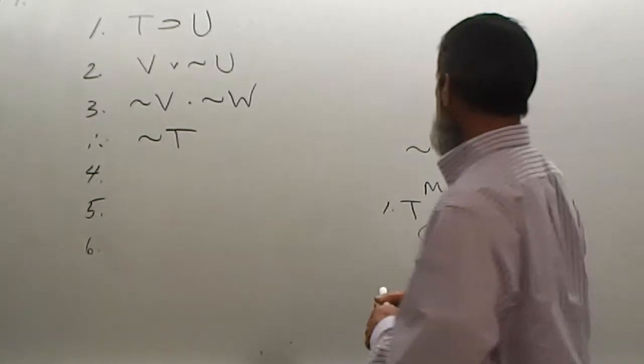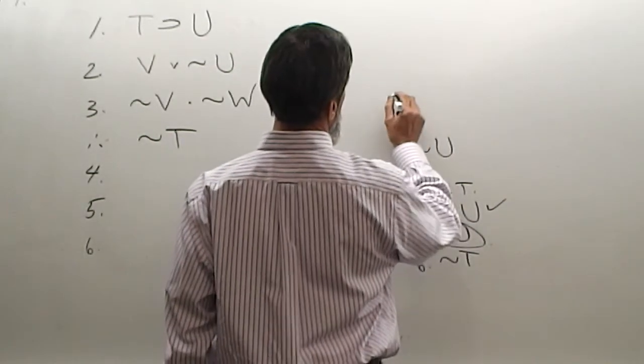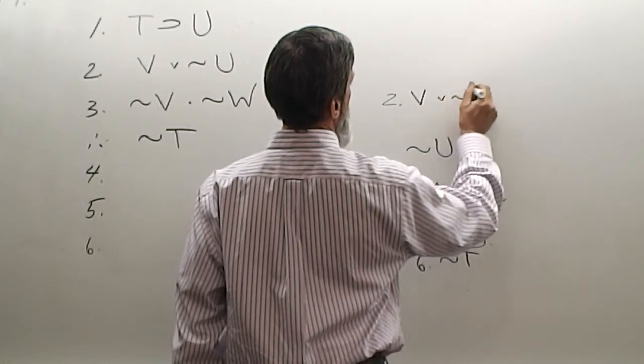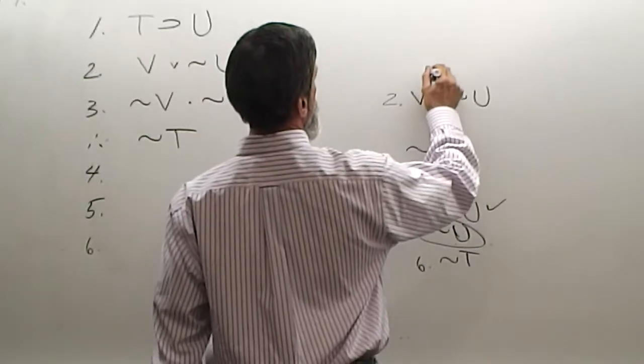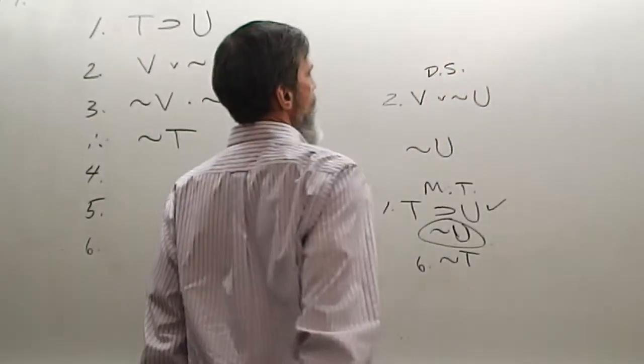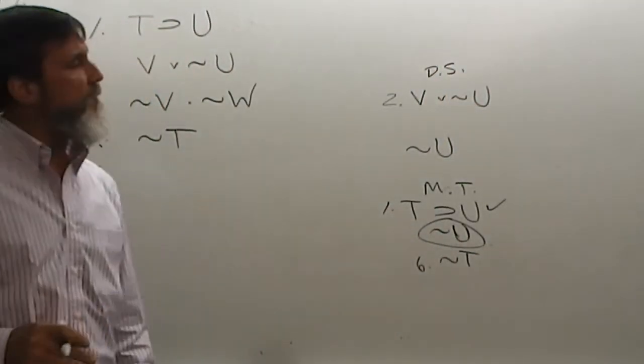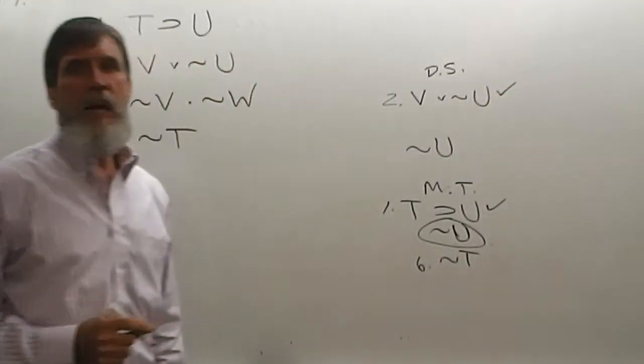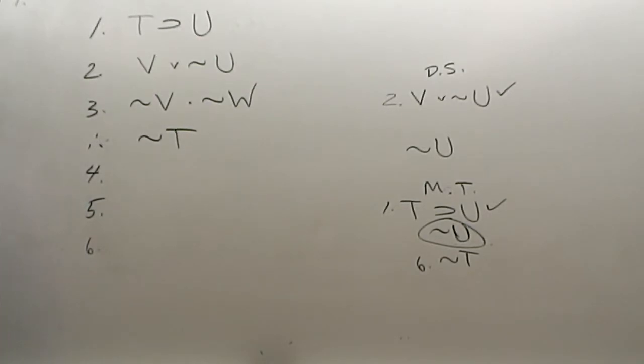All right. Let's say that's what's happening. If that's happening, what do we need as a second premise for our disjunctive syllogism? Curl what? Curl V.